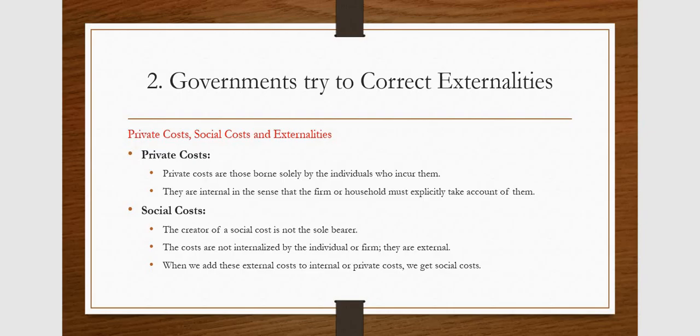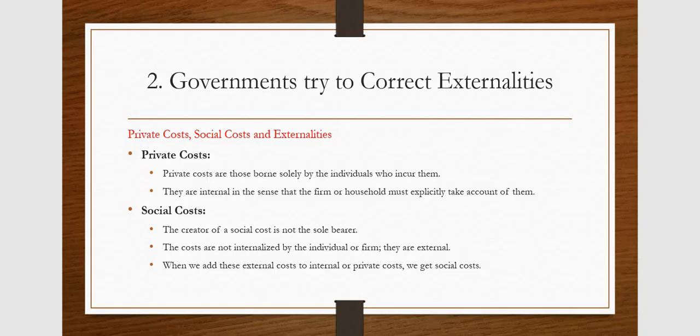Then the social cost is the combination of the private cost and the externality. When we talk about the social cost, it means the cost of the factors of production, the cost that you incurred before starting your business. That is the private cost.